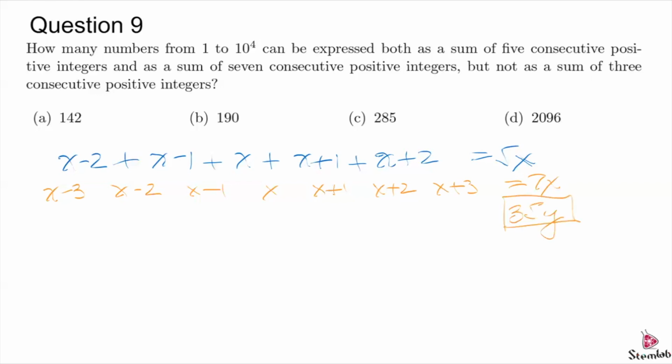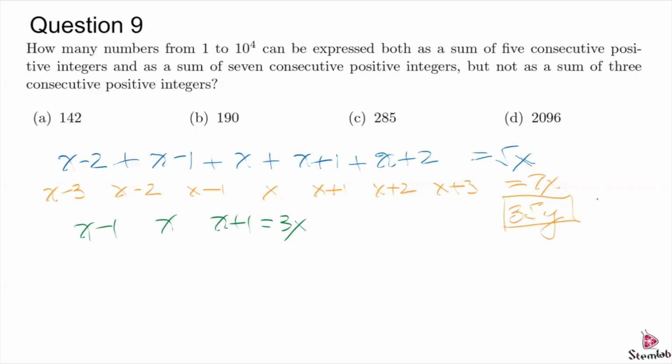But we want that it's not the sum of 3 consecutive positive integers. So 3 consecutive positive integers we can write as x minus 1, x, and x plus 1. So that's 3x. So we don't want them to be a multiple of 3.